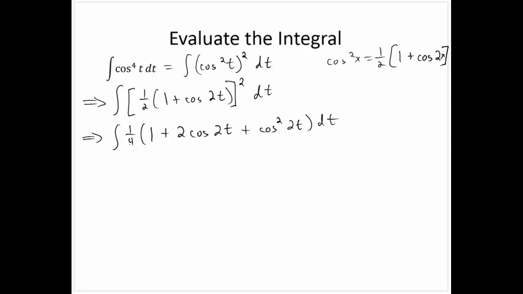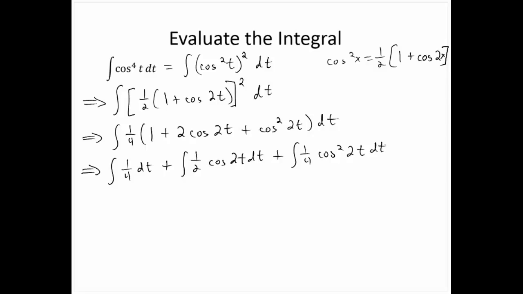Distributing and separating this out a little bit. 1/4 times 1 is 1/4, so this becomes the integral of 1/4 dt plus 1/4 times 2, that would be 1/2 cosine 2t dt, plus 1/4 times 1, that would be 1/4 cosine square 2t dt.